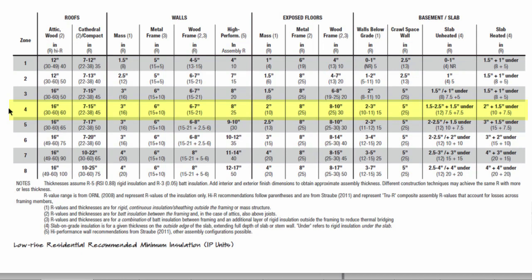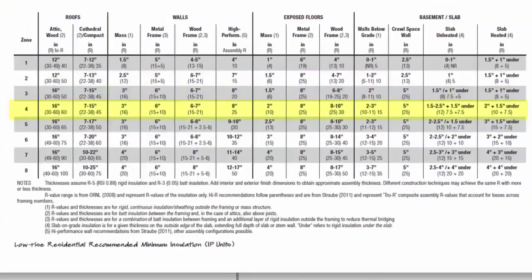For zone 4, we can find the R values for the roofs, walls, floors, and foundations. Now these are recommended cost-effective R values. For Knoxville, the recommendations are for an attic R30 to R60, with R60 being for a high-performance building.